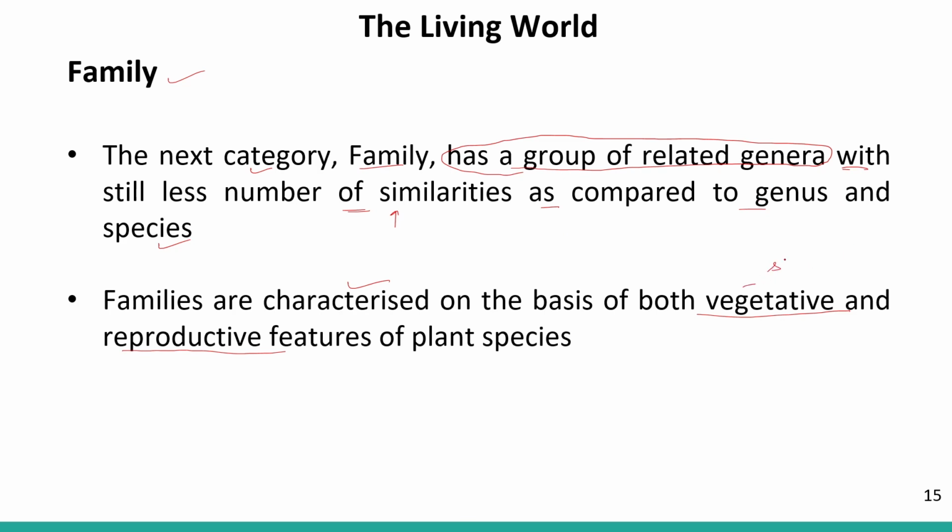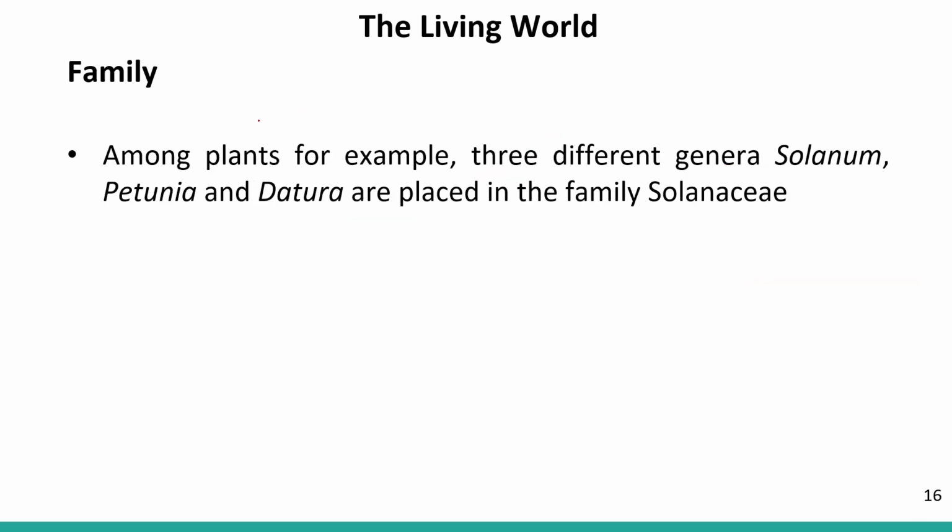In vegetative, what comes? Stem length, root length, number of leaves, arrangement of leaves. Reproductive features means the sexual organs, male sexual organs and female sexual organs. Now let's take an example.